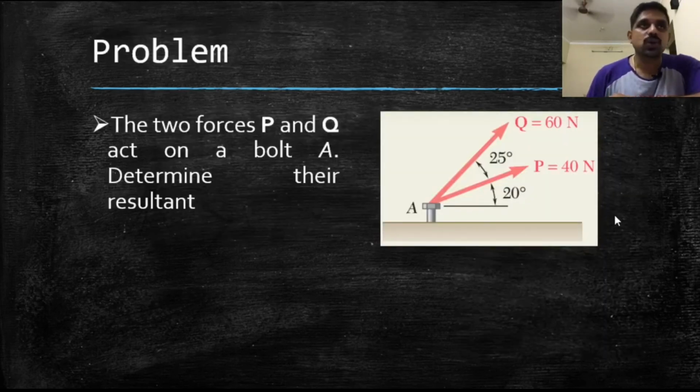Okay, so now let us come to a simple problem here. On this bolt I have two forces P and Q acting. So if you see here carefully, I have the angle between these two vectors. So how to find the resultant of these two vectors mathematically?